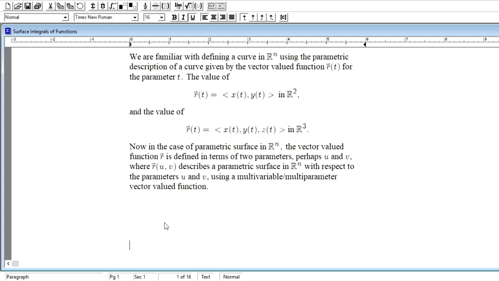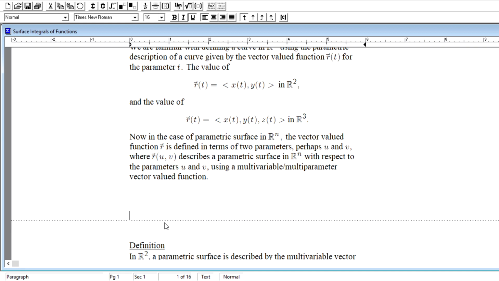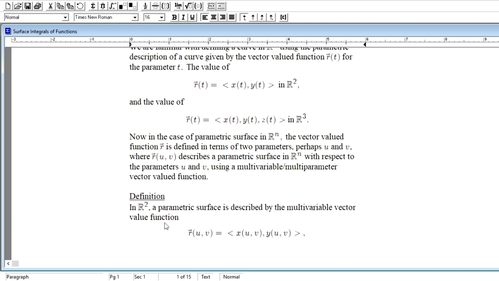If we were to get into the specifics of the dimensions of space, in two-dimensional space a parametric surface would be described by r bar of u, v, where x and y would be defined as multivariable functions of the parameters u and v, right?